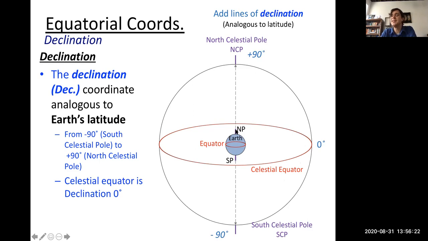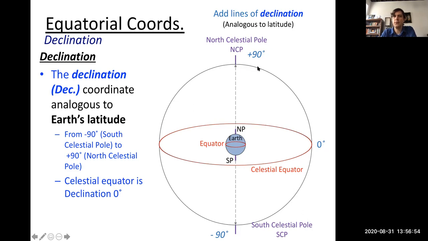The North Pole is 90 degrees north, and we said north is plus, so we'll call that plus 90 degrees declination. The South Pole is 90 degrees below the equator, moving down this way, so it would be minus 90 degrees declination. So now we can define declinations just like we define latitude on Earth, and they'll run from minus 90 at the South Celestial Pole to the equator at 0 to plus 90 at the North Celestial Pole.